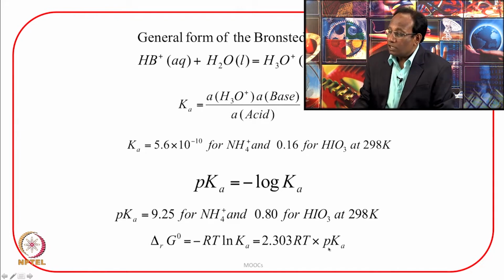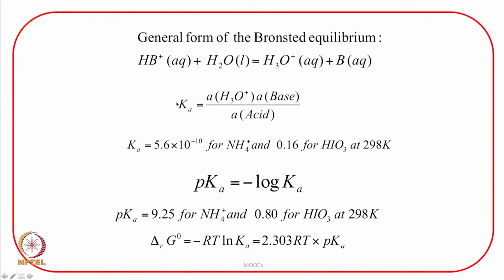So, from pKa we can also talk about the standard reaction Gibbs energy. The concept of pKa or Ka is very important, because essentially Ka defines how much hydronium ion is present in the solution and how much base and acid are present in the solution.